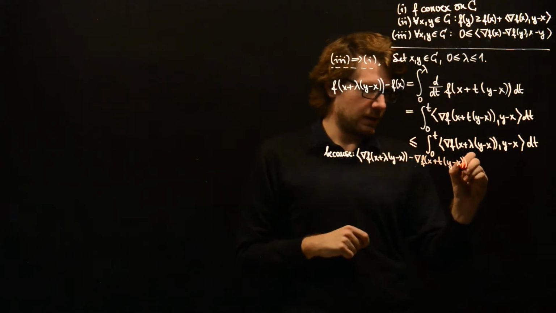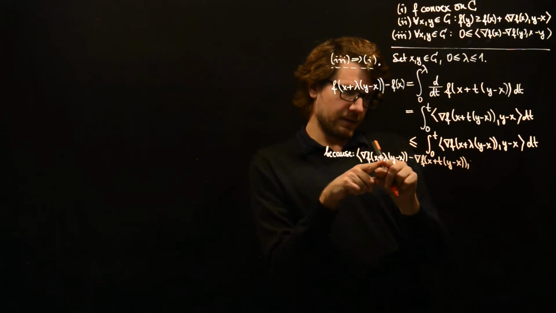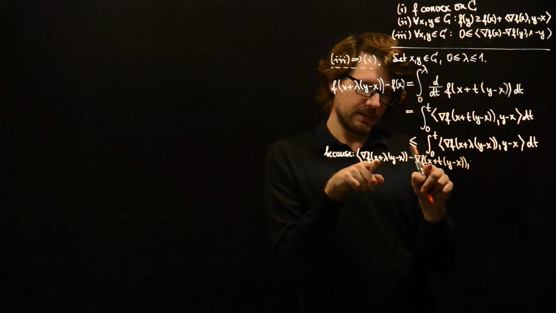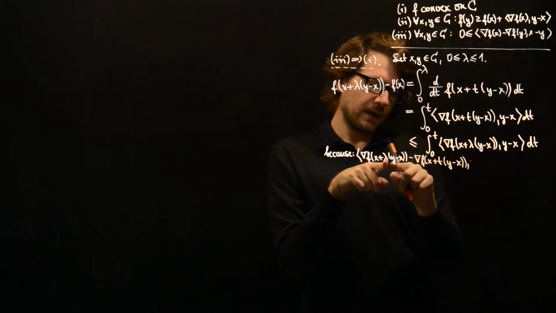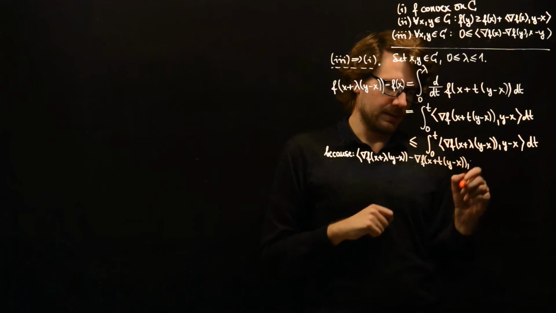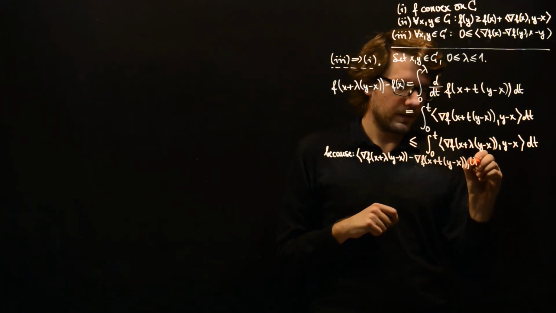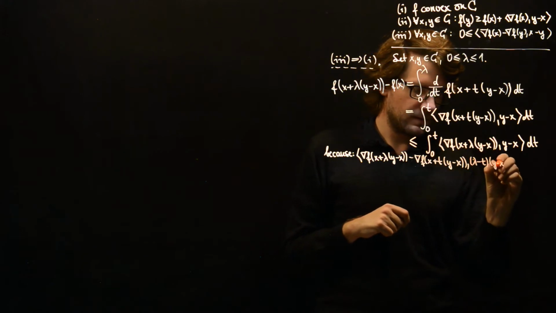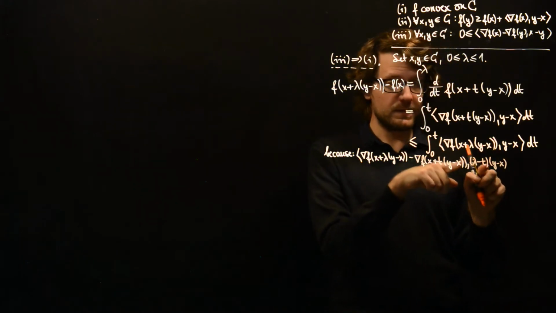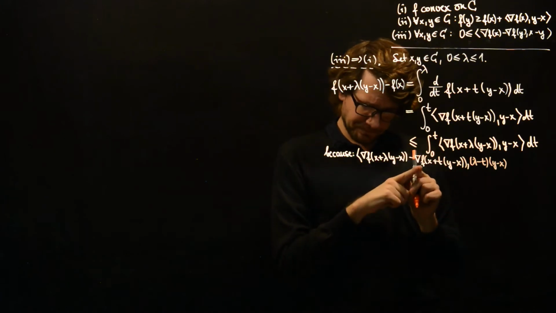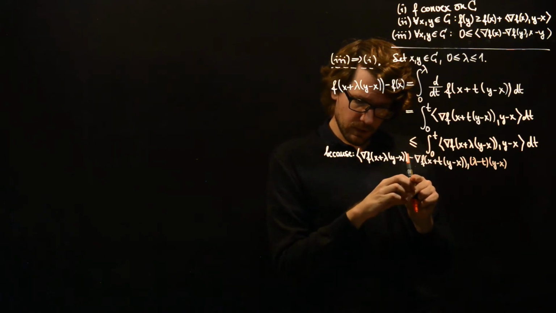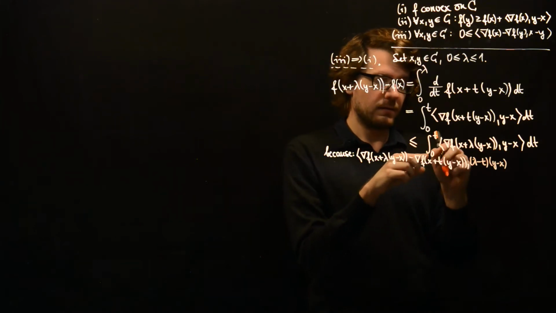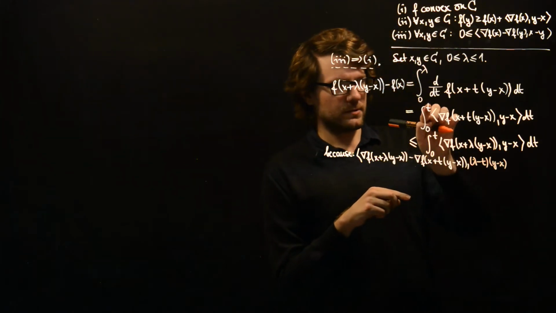Okay. And here we have the difference of gradients at some points. So this x is in common. Then we have lambda times (y minus x) and t times (y minus x). And if we write (lambda minus t) times (y minus x), then we see that I screwed up.